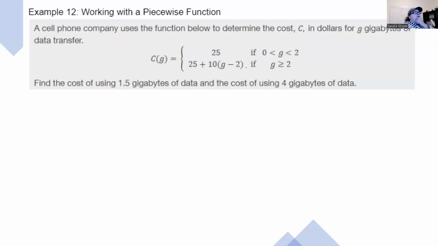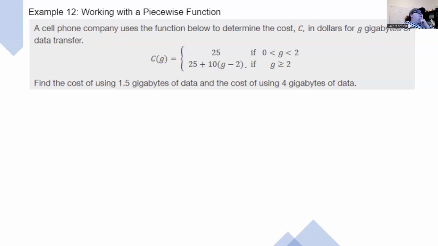If you're using 2 gigabytes, 2 minus 2 is 0. Do you see that? Because if you plug in 2 for G, 2 minus 2 is 0, times 10 is 0, plus 25 is 25. So you're actually going to pay $25 straight for using 2 gigabytes as well.